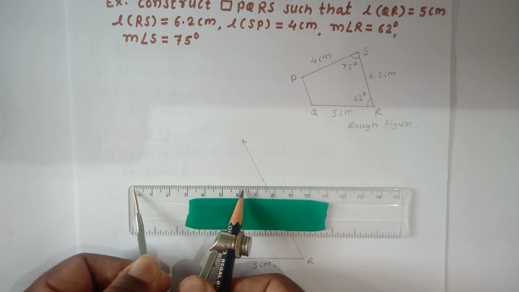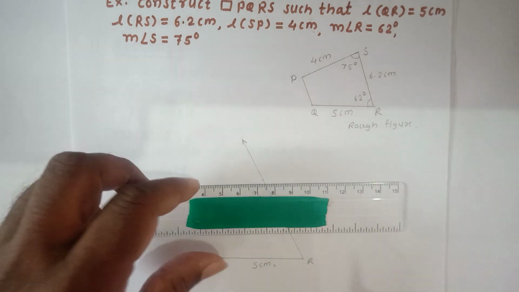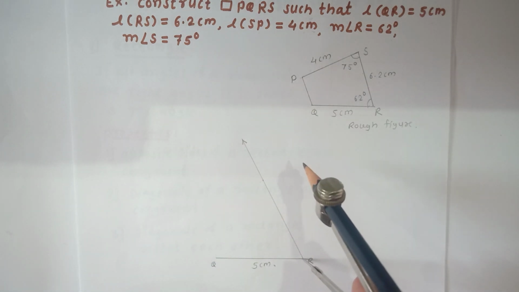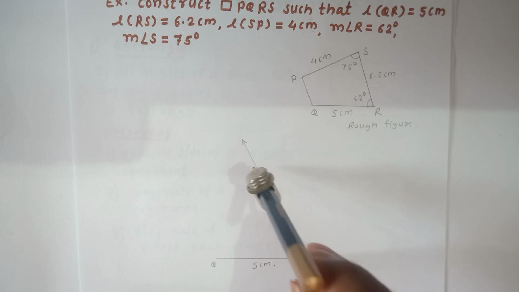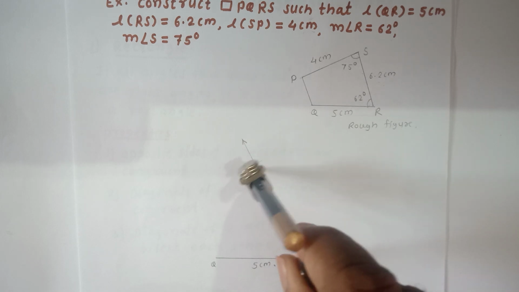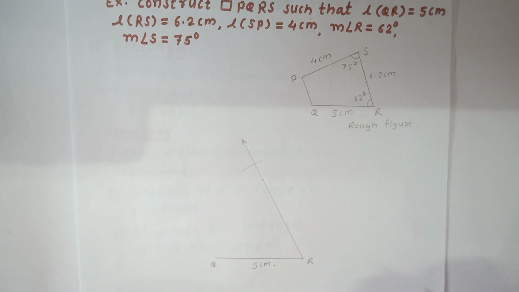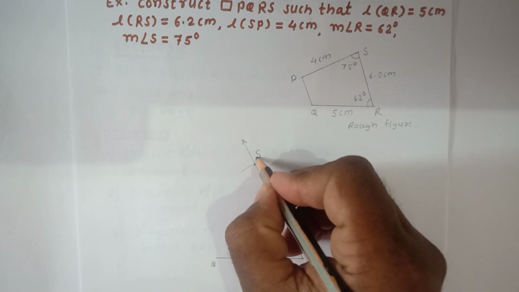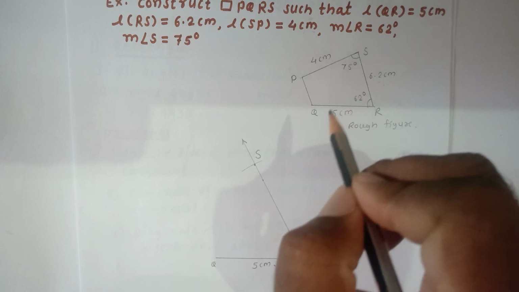Six and two lines, 6.2 centimeter. Put compass at point R, draw the arc. So we get this point S. This is S point.